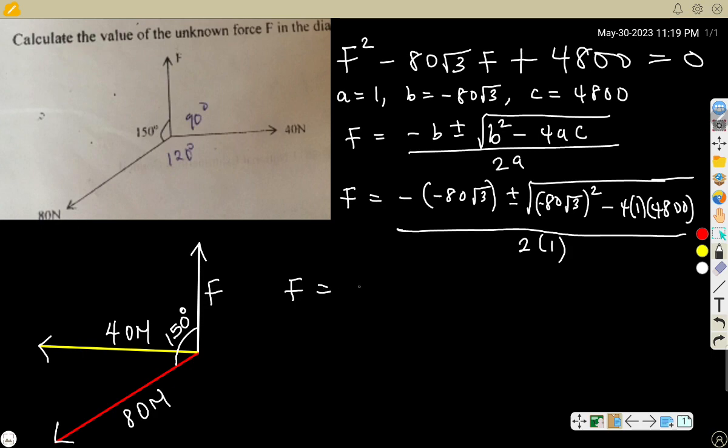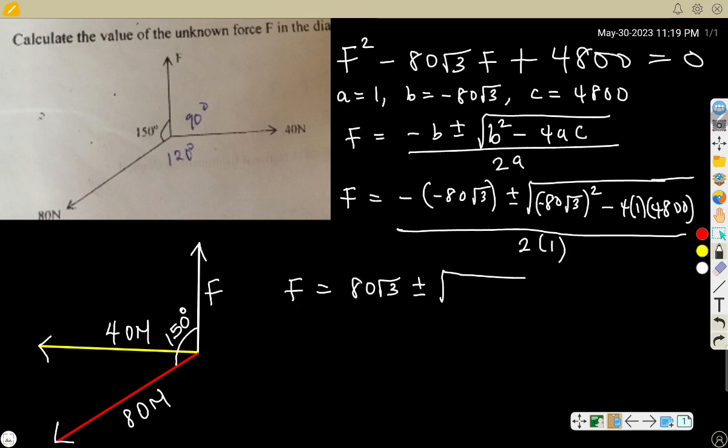Remember, we are just using the formula method for quadratic. So F is equal to 80 root 3 plus or minus the square root of. I'll just press everything inside this root at once to save time.